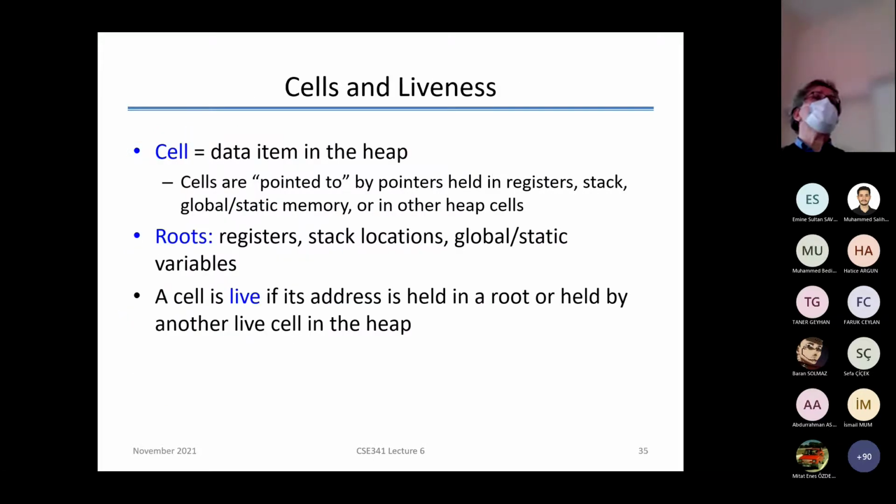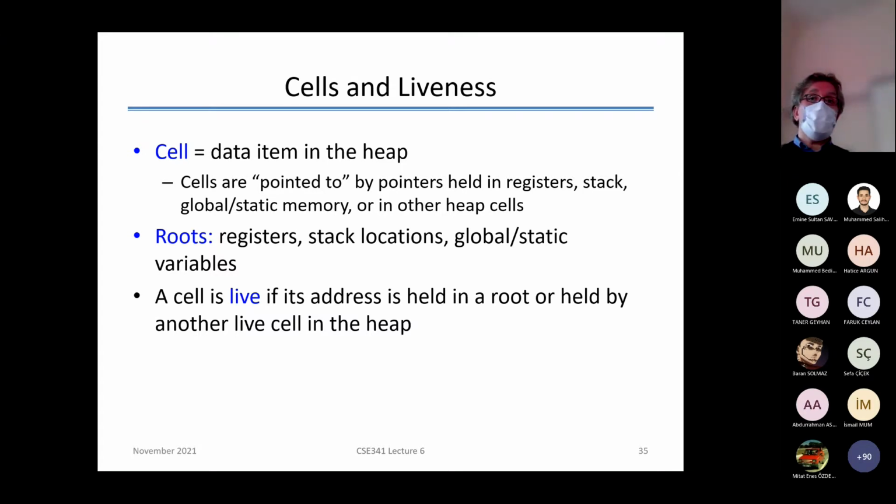And what we do is define a few things. We define a cell as a data item in the heap. Cells are usually pointed to by pointers held in registers, the stack, or some global or static memory. And perhaps they may also be pointed to by other memory cells in the heap. This is where the difficulty starts.